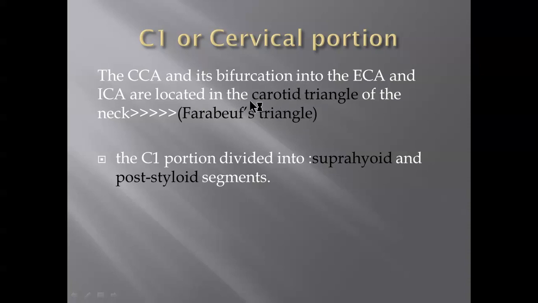I've discussed the neck triangles in another video, so for more detail you can go and have a look over there. It's a triangle which I'll show in the next slide.